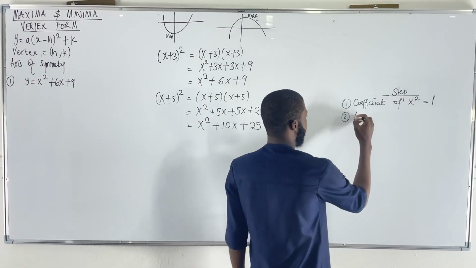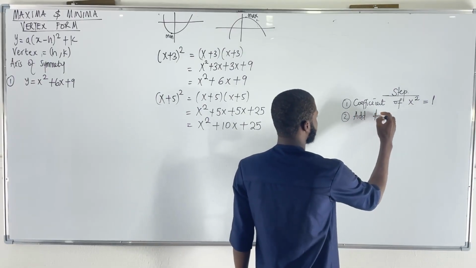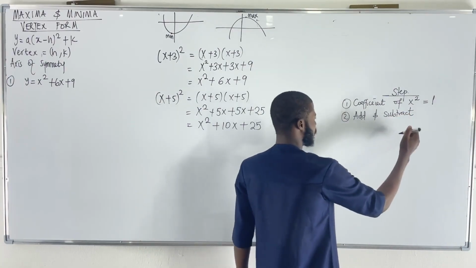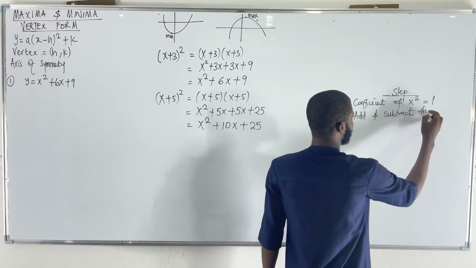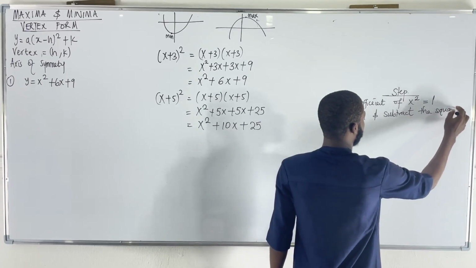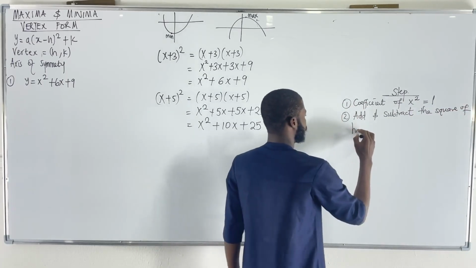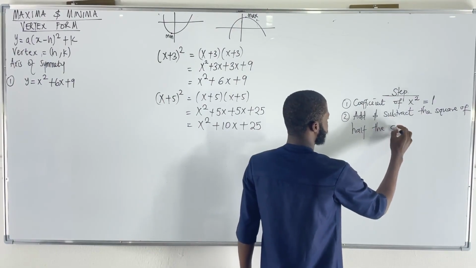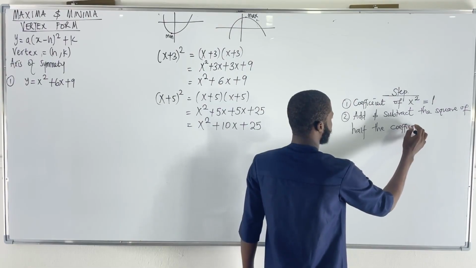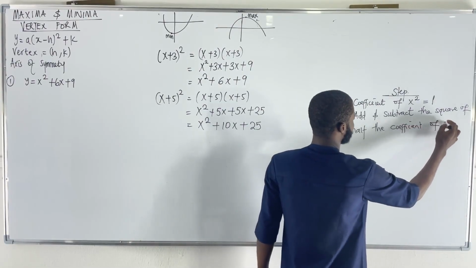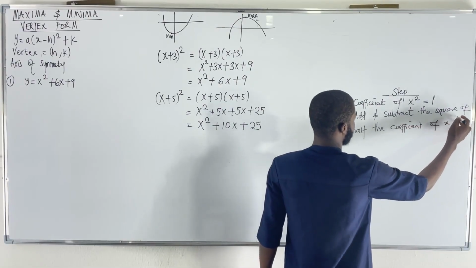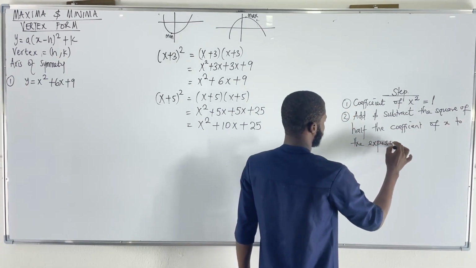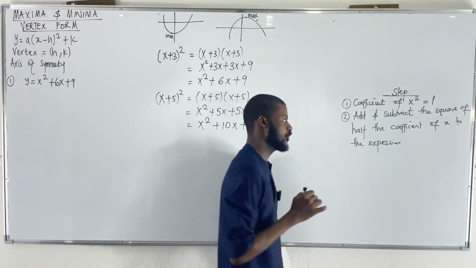Then next, add and subtract the square of half the coefficient of x to the expression. I would explain why this is this.